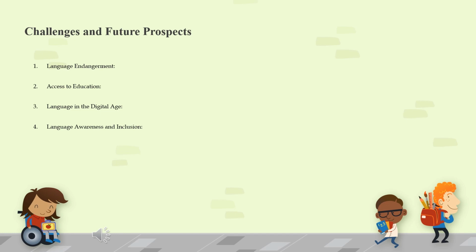While challenges exist, with continued focus on language planning, education and technological advancement, Bangladesh can pave the way for a linguistically vibrant and harmonious society where every language finds its rightful place.